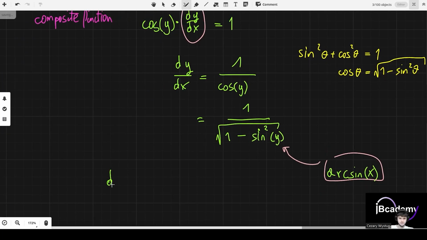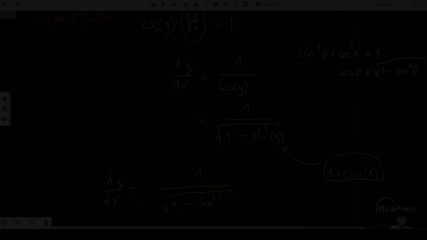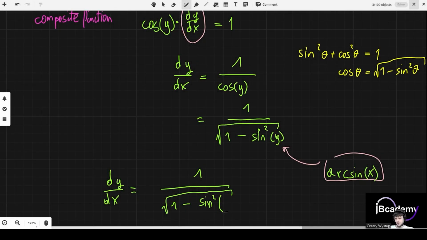So dy dx, what happens if I put arc sine into sine? These two are inverse functions. If I apply an inverse function on a function, I get back the argument, yeah? So I'm just gonna explicitly write it out here.